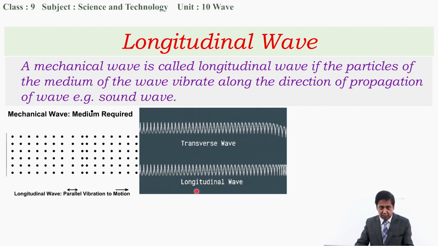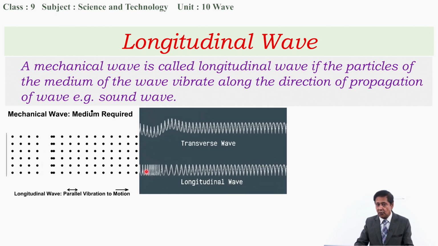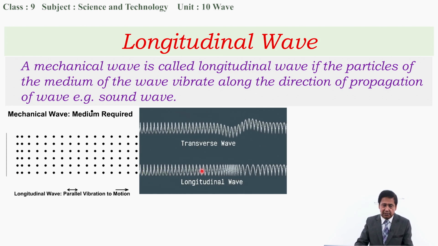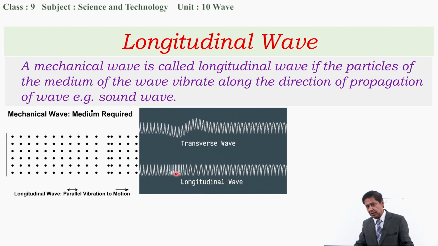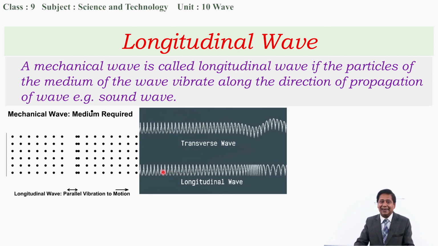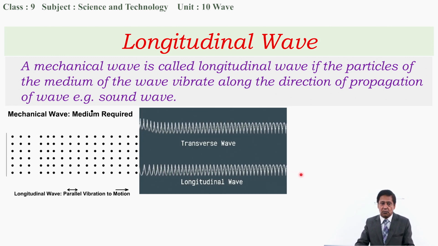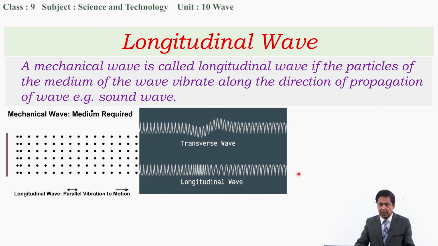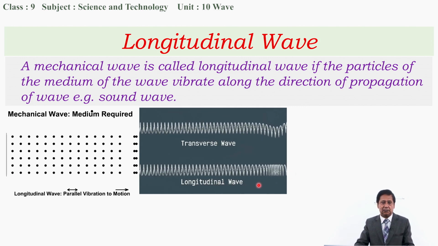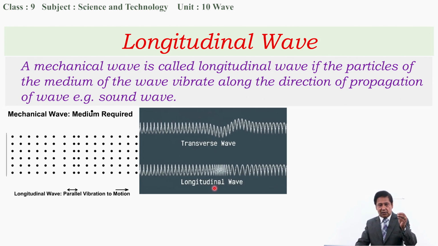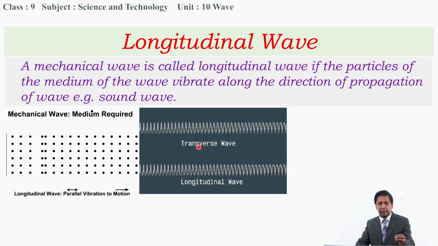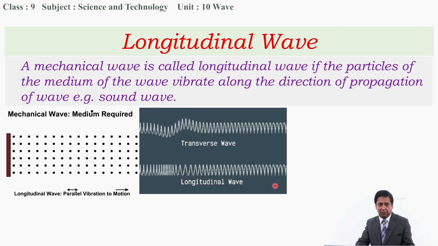But in a longitudinal wave, the particles are also moving in the same direction, back and forth, front side and back side. They move forward and backward, and energy is also transmitted towards the same direction. This type of wave is called a longitudinal wave. This way we can differentiate transverse and longitudinal waves with the help of the spring.